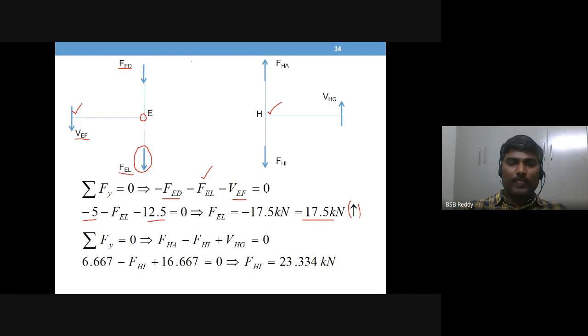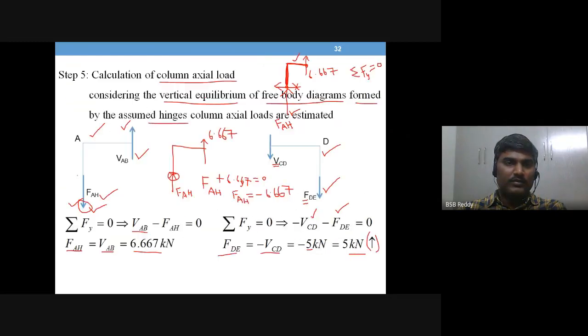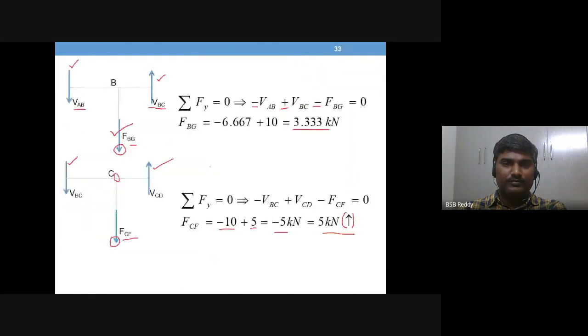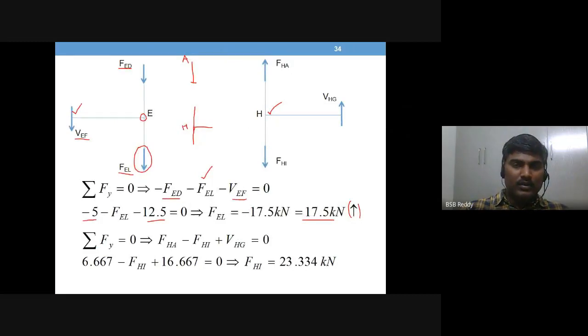So see, you have this column and you have that part of the column. This is A, this is H, where you have beam extended, and another portion of the column. Right, got it. Now you see that this value of axial load here that you calculated is downward 6.667. Let's see that. Here it is downward.